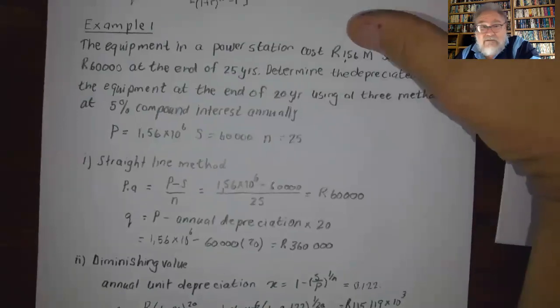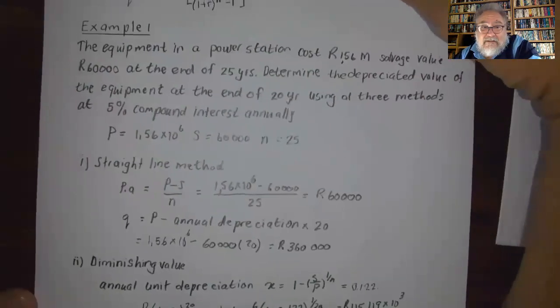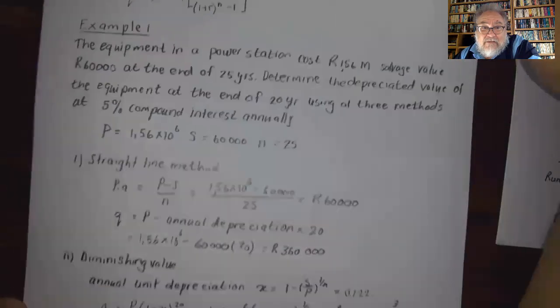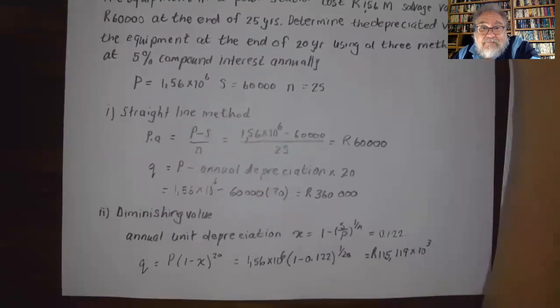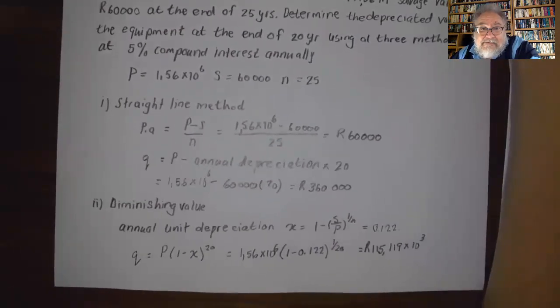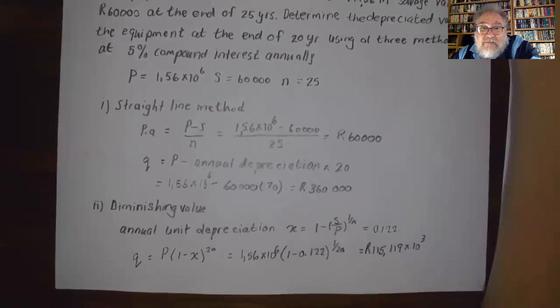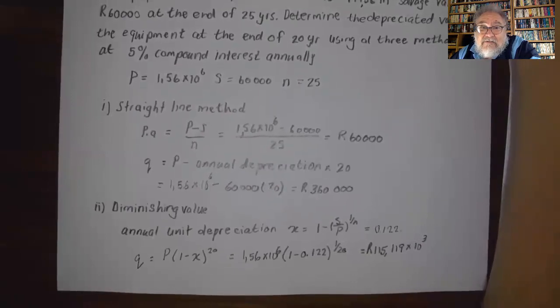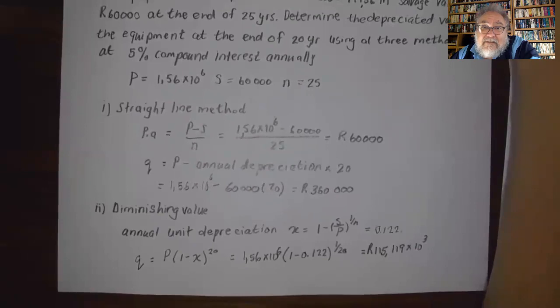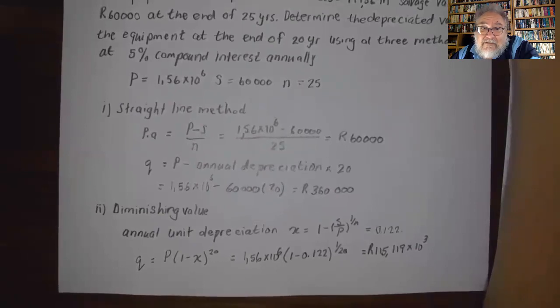Now, according to the straight line method, that is P minus S divided by N. So that means it's 1.56 times 10 to the power of 6 minus 60,000 divided by 25, which gives us 60,000.